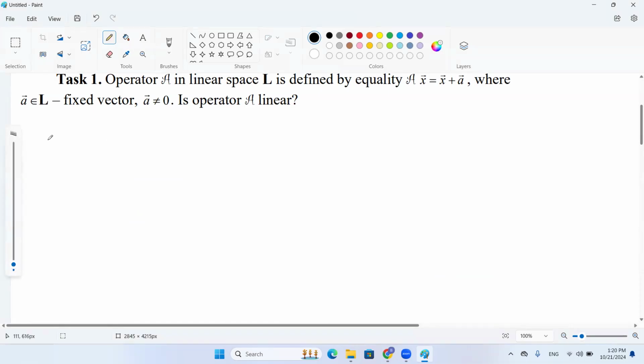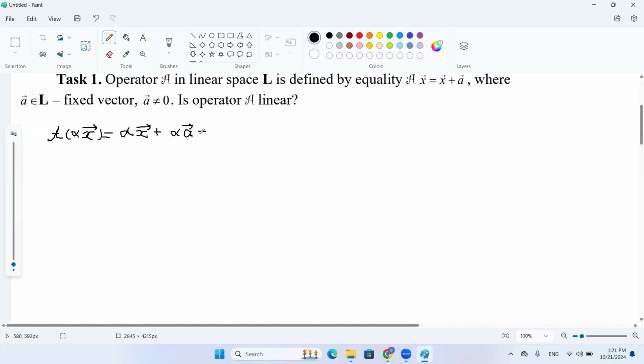First of all, let's check if it is homogeneous. A of alpha x equals alpha multiplied by x plus alpha multiplied by a.